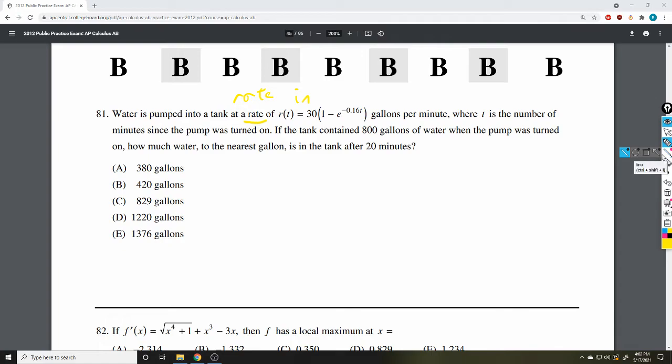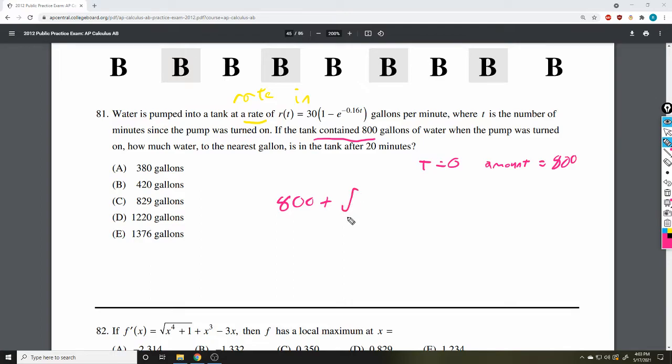So that is my initial condition. At T equals 0, my amount is 800. So 800 is my starting amount. And then I want to know how much it's changed between 0 and 20.